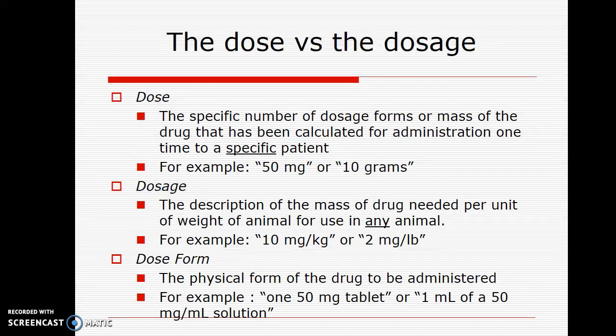The dosage form refers to what we're going to actually give to the animal. And it's usually a tablet or a capsule, or it might be milliliters of a liquid of a specific concentration. The dose form should not be used as the primary way to record the medication an animal is given.